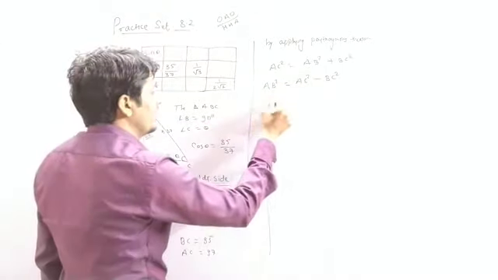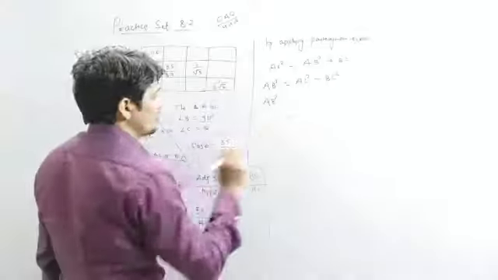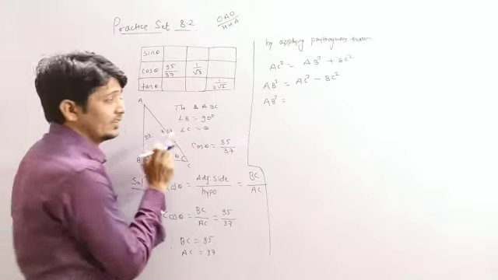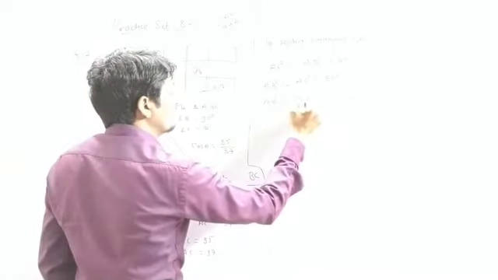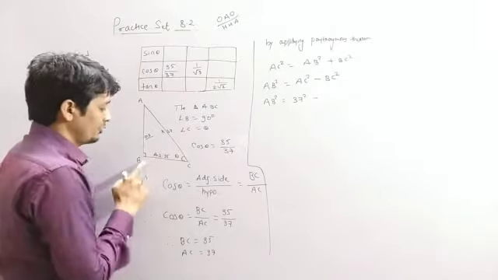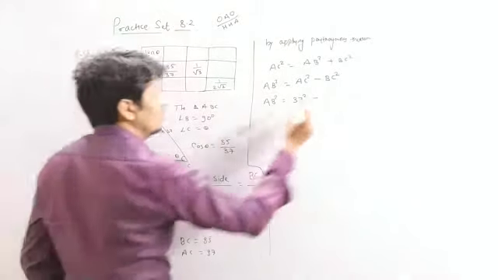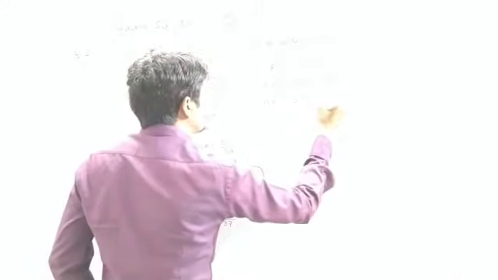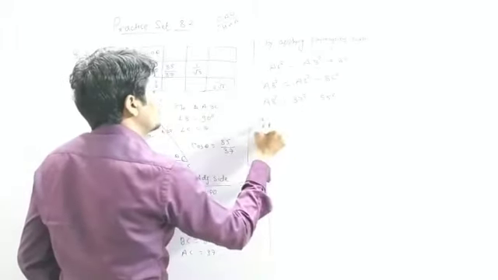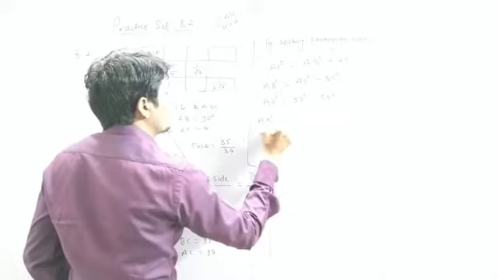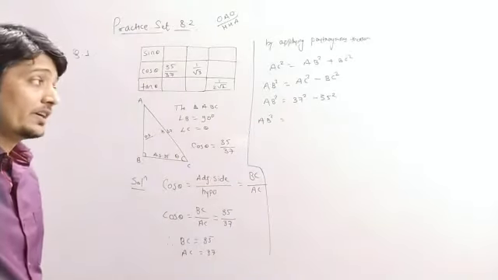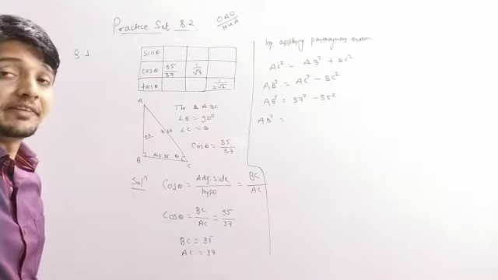So AB square equals, what is AC square? We have AC is 37, so we write the square of 37, minus BC square, which is also given, it is 35, so the square of 35. What is the square of 37 and 35?